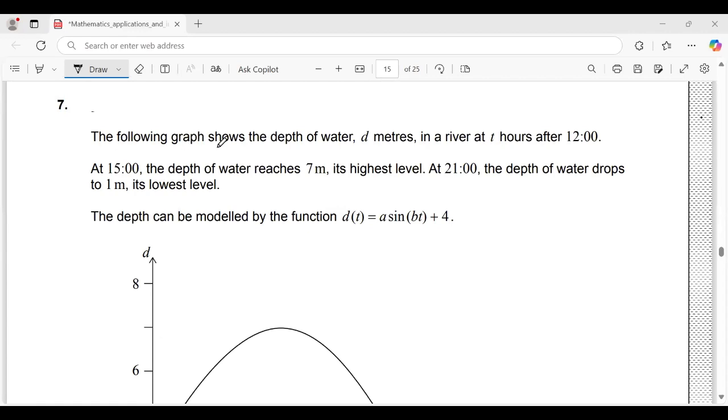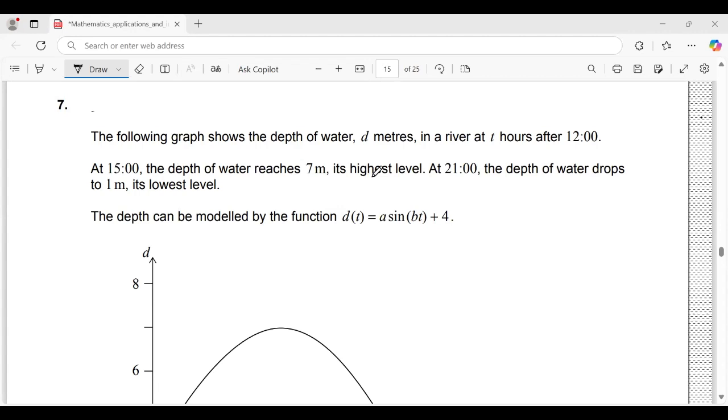The following graph shows the depth of water, d meters, in a river at t hours after 12 p.m. At 15:00, it means 3 hours after 12, the depth of water reaches 7 meters.